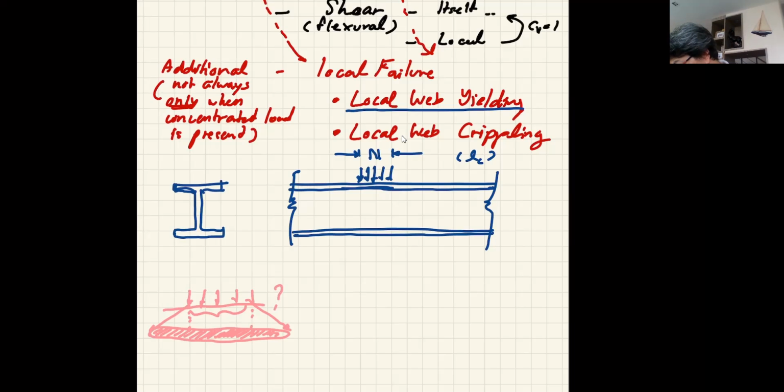So again, let's say this is the dimension N, and our concentrated load is applied on the beam. This pressure will be distributed into the critical area with the slope equal to 1 to 2.5, on both sides.